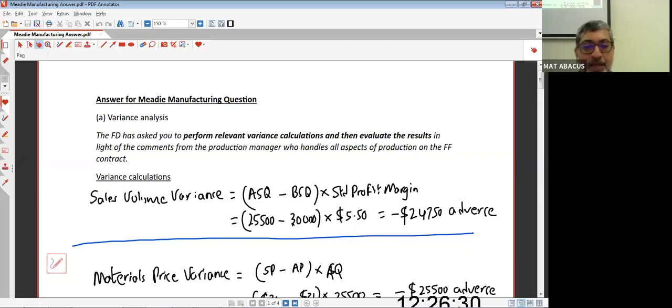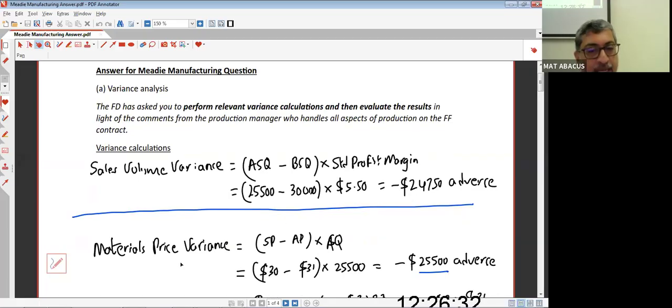Now the materials price variance, again a quick revision, is standard price minus actual price multiplied by actual quantity. We won't do it because this was already saved earlier.